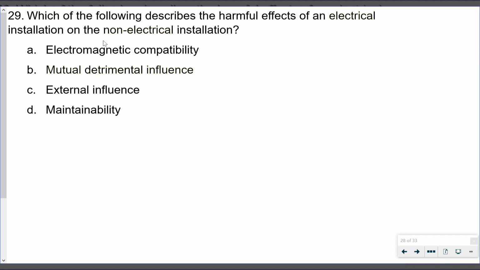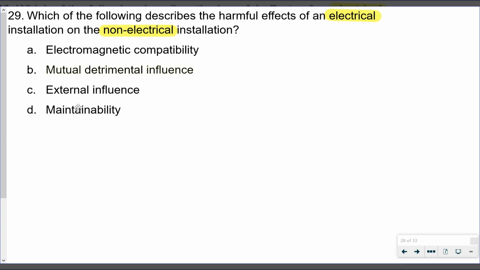Question 29. Which of the following describes the harmful effects of an electrical installation on the non-electrical installation? So between two different systems. So electromagnetic compatibility, mutual detrimental influence, external influence, or maintainability.